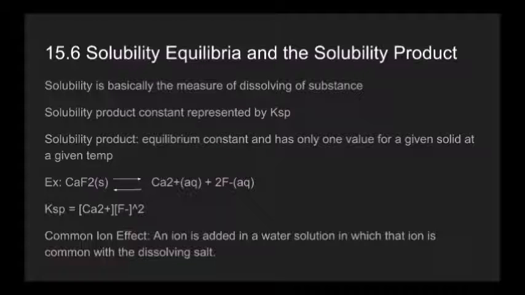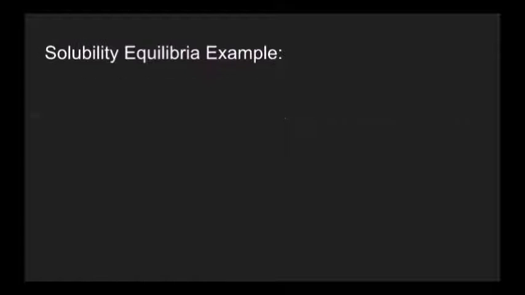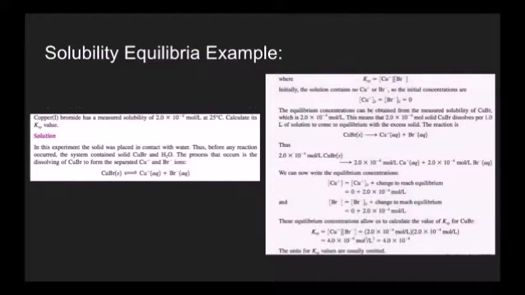So Ksp is found by multiplying the concentration of Ca2 plus and the concentration of F minus, but F minus is squared because the coefficient in front of the F minus in the original reaction is 2. And finally, the common ion effect is when an ion is added to a water solution in which that ion is common with the dissolving salt.